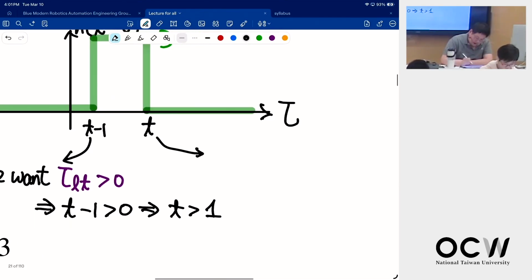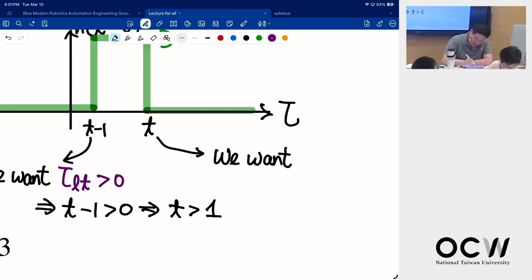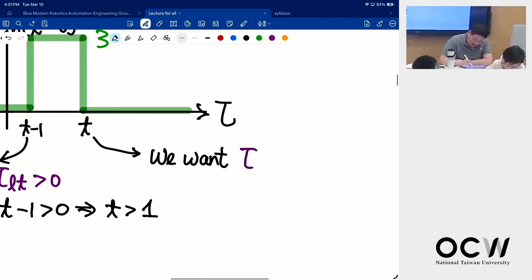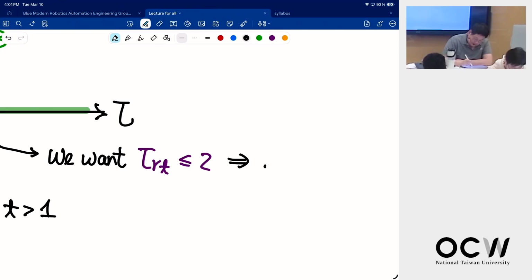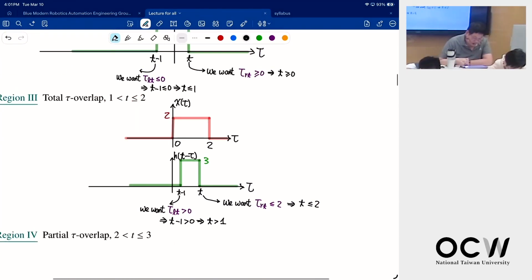And here we want tau right t, this shift, to be less than or equal to 2, so t is less than or equal to 2. So t is between 1 and 2.